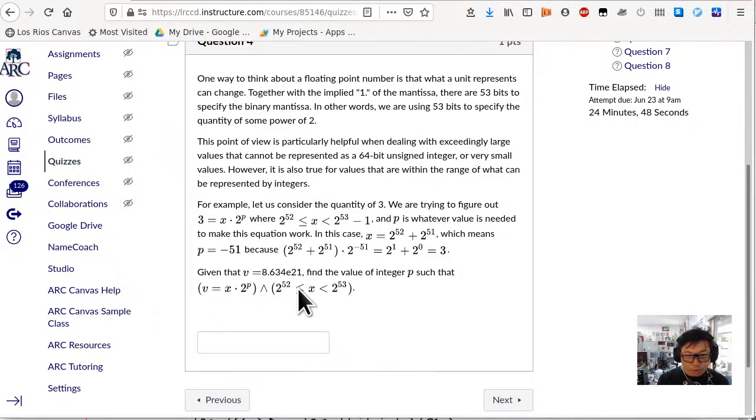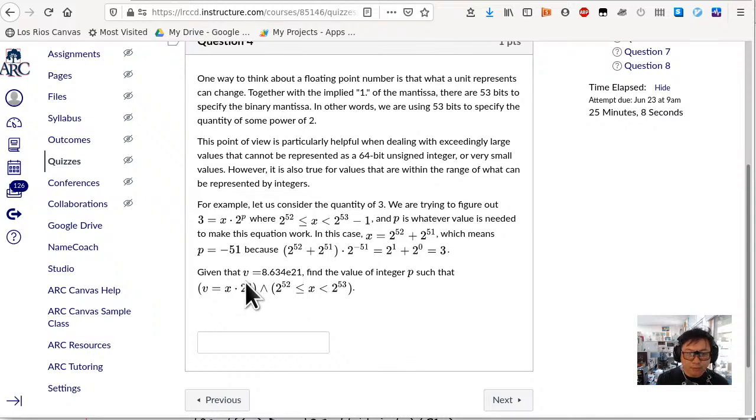There are many ways to solve this problem. Okay, there are quite a few ways. So I'm going to do it in one specific way. I'm just going to lock down X to be the minimum of what it can be. In other words, I just specify X to be 2 to the power of 52 exactly.